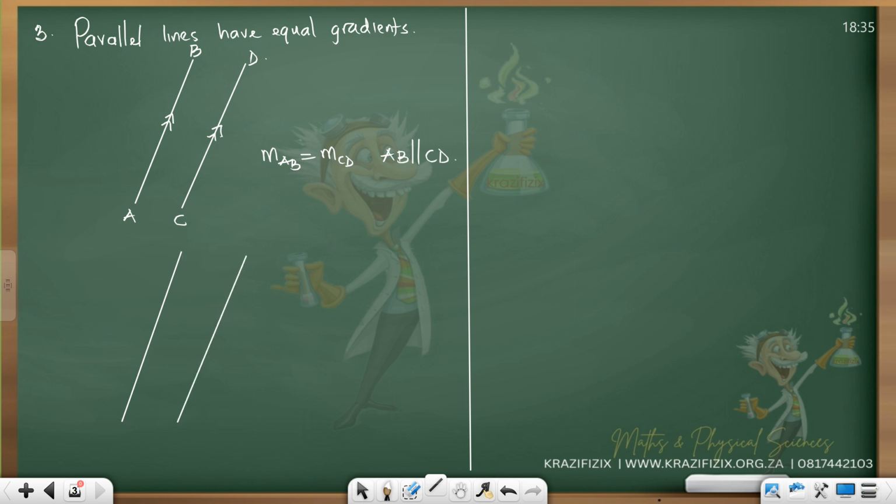If I give you two lines, and I tell you that these two lines are parallel, and then I give you this, what will be the value of y here? Let's do the maths. Apply what you learned in grade 10 and simple maths.